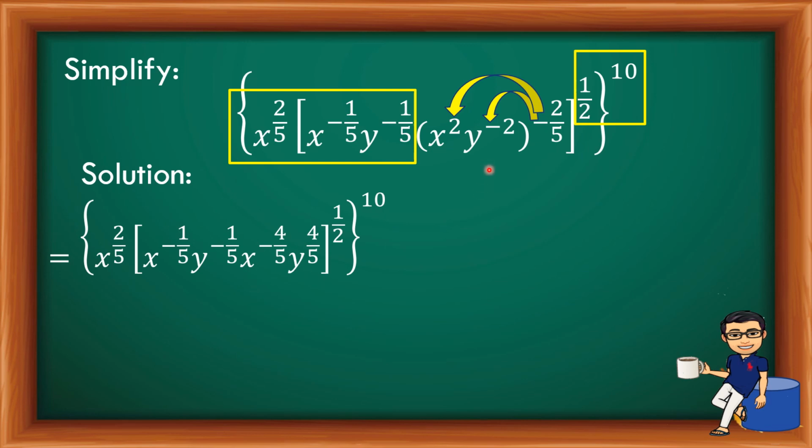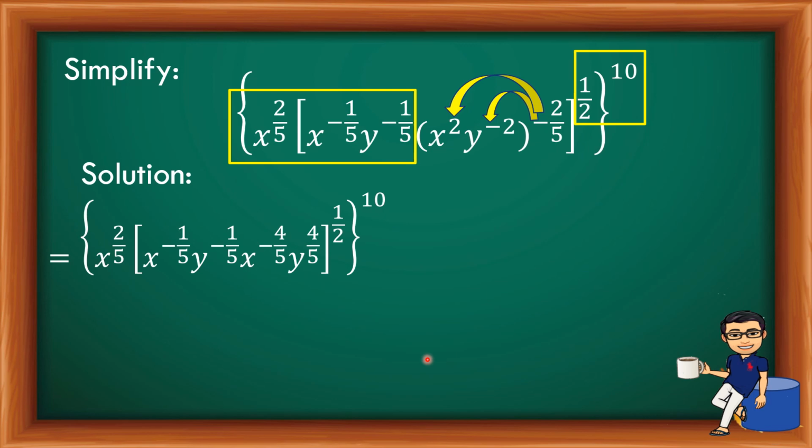Same as y raised to negative 2, this exponent will be multiplied here. So negative 2 times negative 2/5, positive, so positive 4/5. So it became y raised to 4/5. As we said a while ago, copy 1/2 and copy 10. Okay, so that's the first thing we applied.